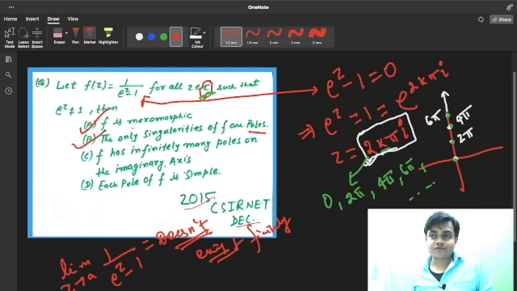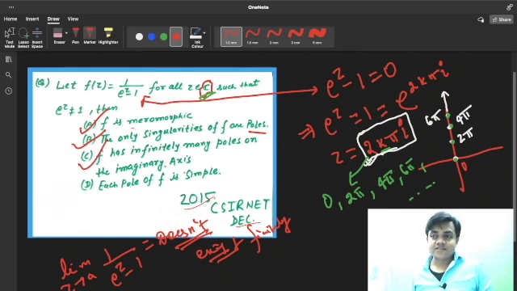Certainly we are able to see 0, 2 pi, 4 pi, 6 pi and so on. f has infinitely many poles on the imaginary axis. On the y-axis you can see 0, 2 pi, 4 pi, 6 pi, 8 pi. These are the poles which lie on the imaginary axis.